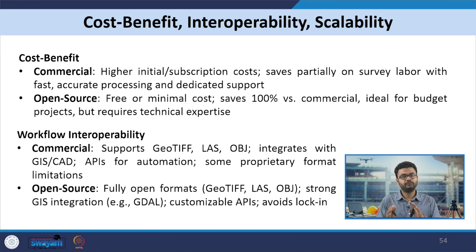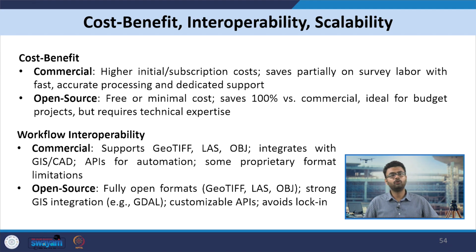Then in terms of the workflow interoperability, commercial softwares support GeoTIFF, .las, .obj, and they integrate with GIS and CAD. They also provide APIs for automation, and they may have some proprietary format limitation. For example, the commercial software may have some specific formats which are only applicable for that particular company or for software provided under that particular enterprise.